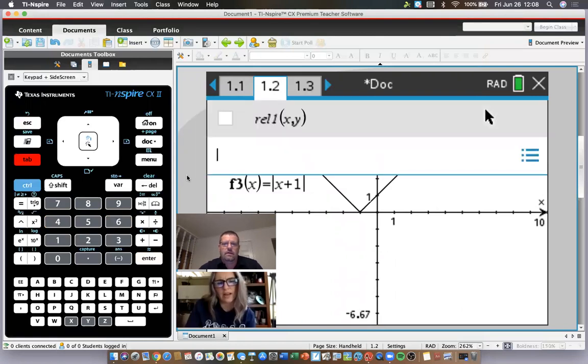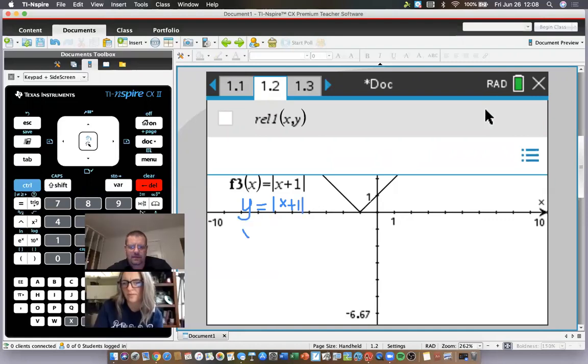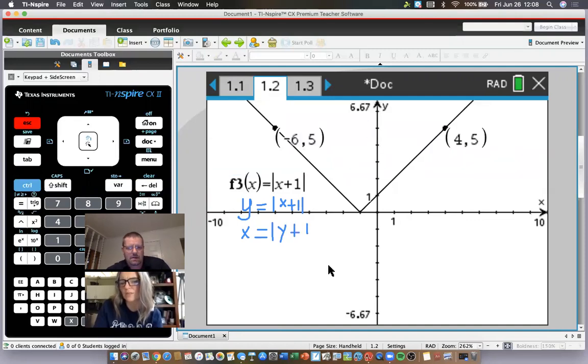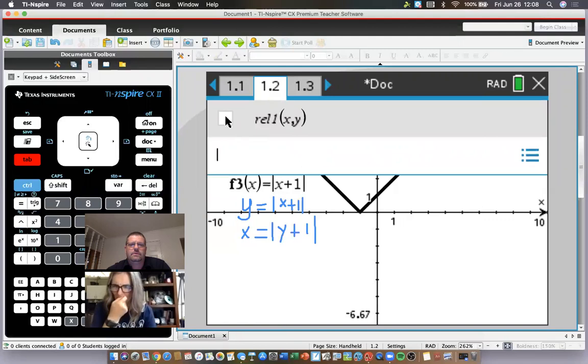Okay. Y equals the absolute. Oh, you didn't want to do it this way algebraically? You can do that. You're right. But what I'm going to do is graph the inverse for you. Mr. Bobby, what do I do at this point when I get to x equals the absolute value of y plus 1?